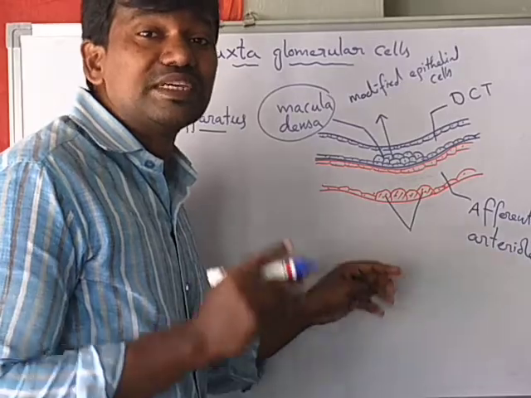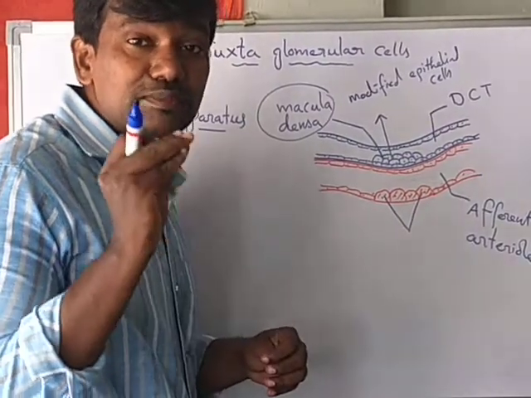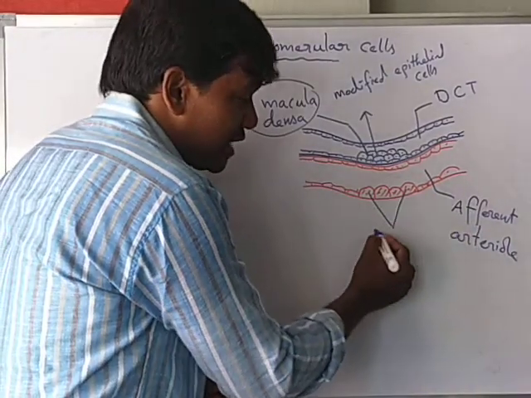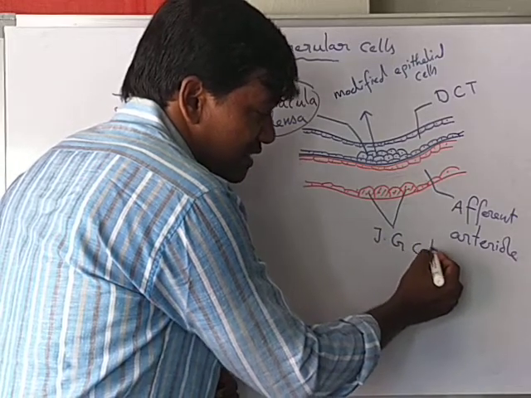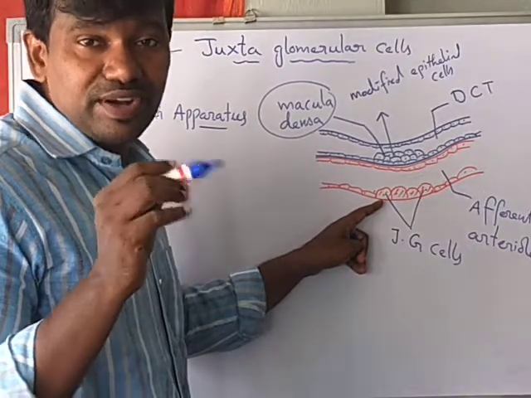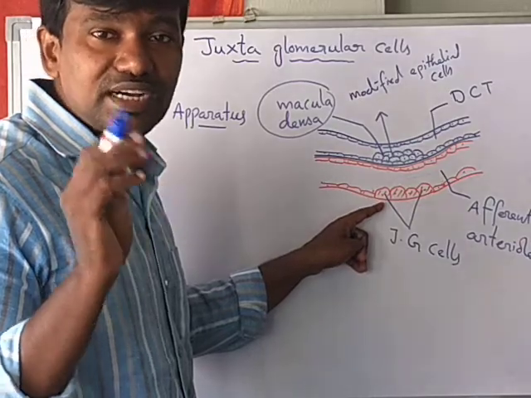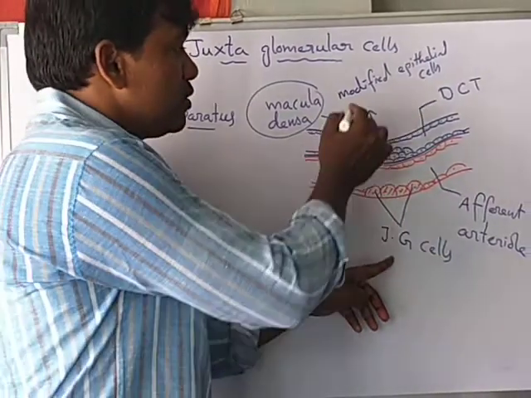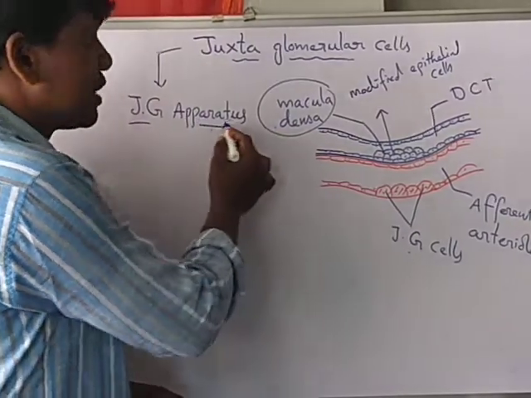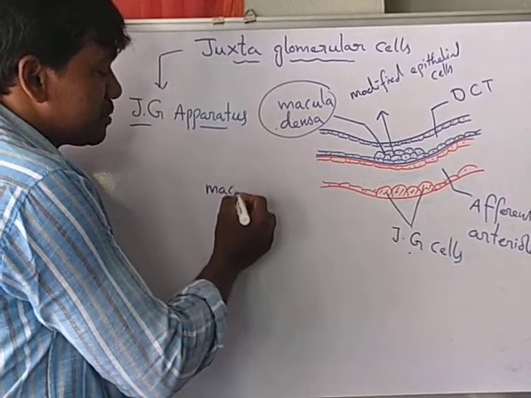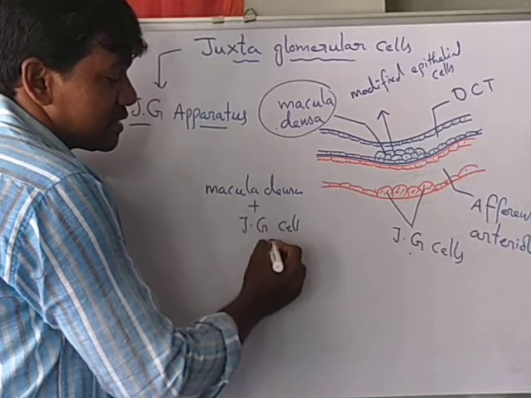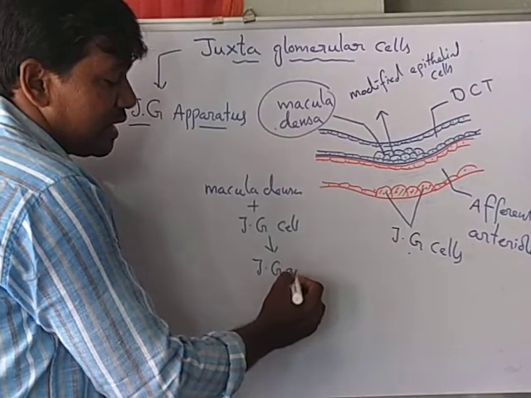The modified smooth muscle cells present in the wall of the afferent arteriole are called juxtaglomerular cells. Together, the macula densa and the juxtaglomerular cells are called the juxtaglomerular apparatus.